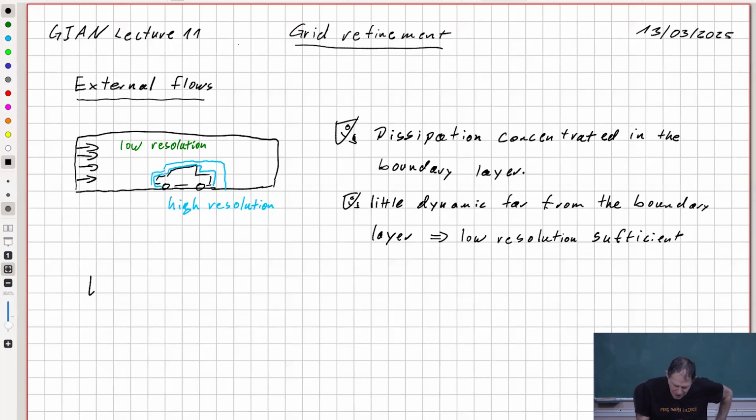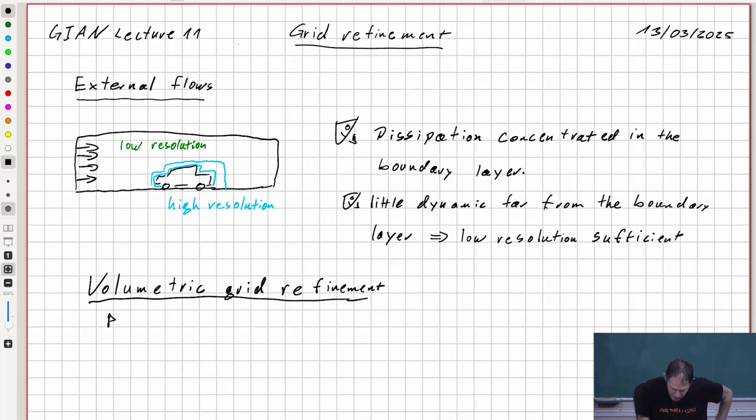So the way this has been done like 30 years ago, because as I said, the software was in use for solving exactly this kind of problem 30 years ago, is they used volumetric grid refinement, yeah?